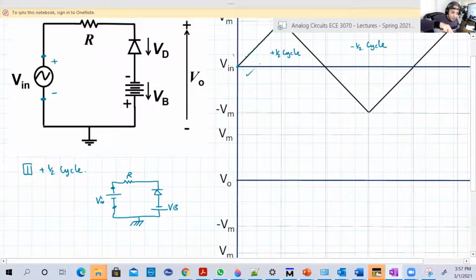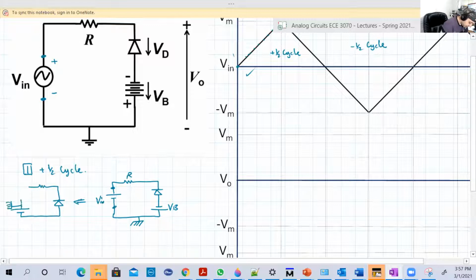Then I'm going to move VB, like what we learned last time, into that branch here. Remember it is in series, so we can do that. So it's going to move in that way.